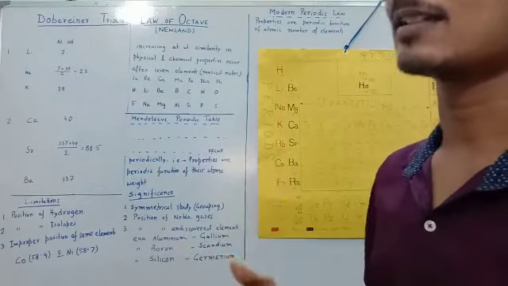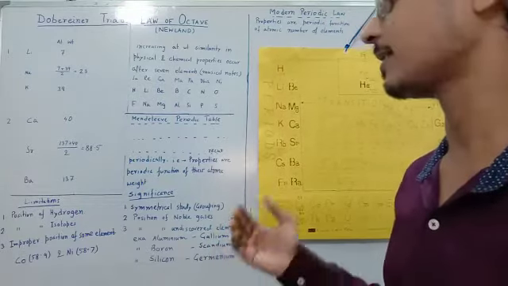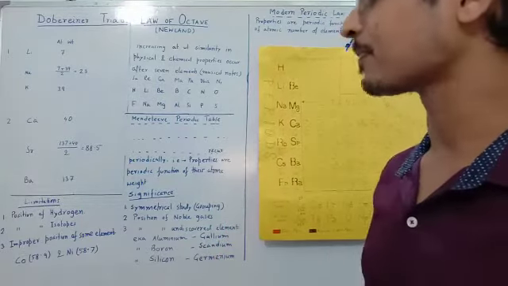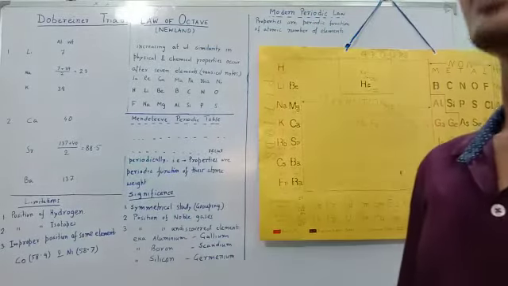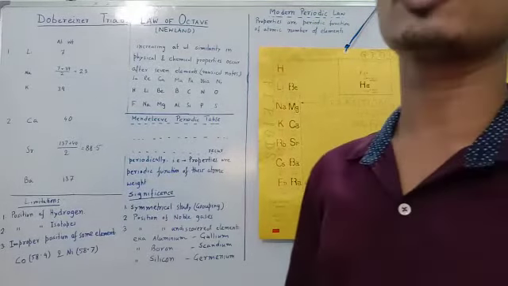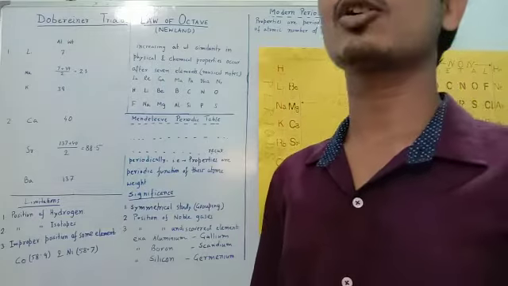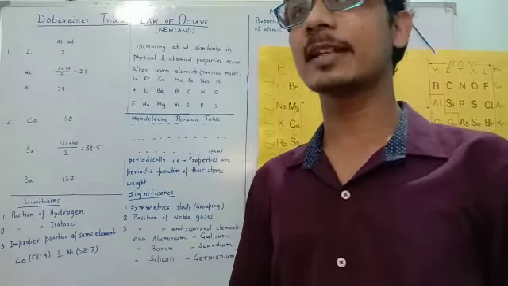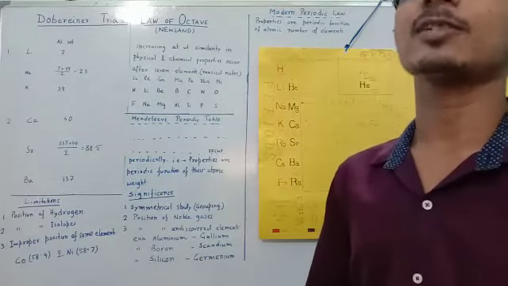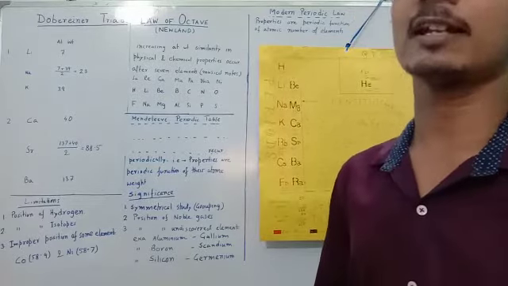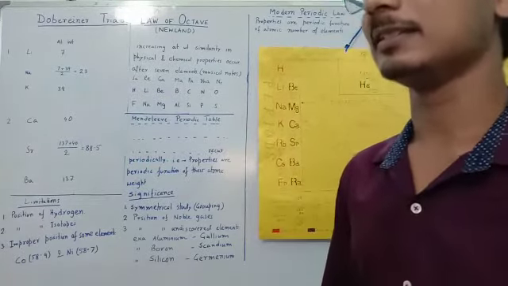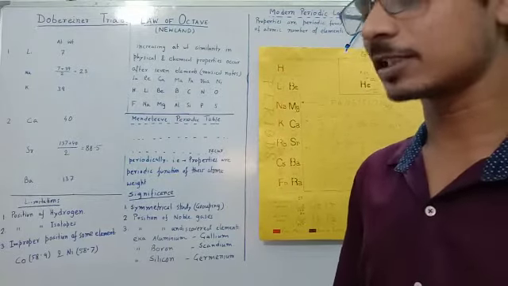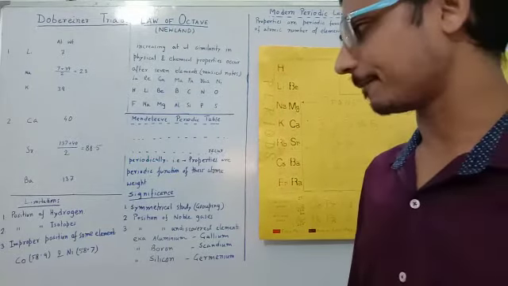Number two limitation is the position of isotopes. We know the atomic weights of two isotopes like chlorine-37 and chlorine-35 are different, but Mendeleev's table required isotopes to be in a single position of the periodic table.